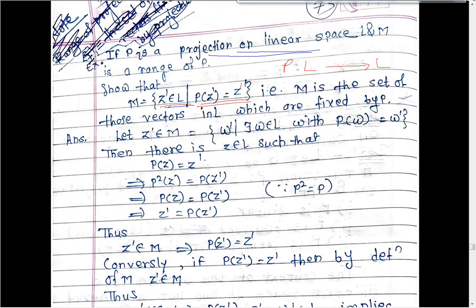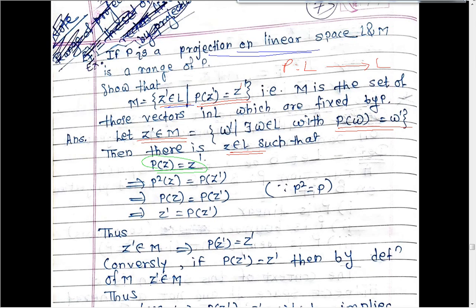If z' belongs to M, there is z belonging to L such that Pz is equal to z'.